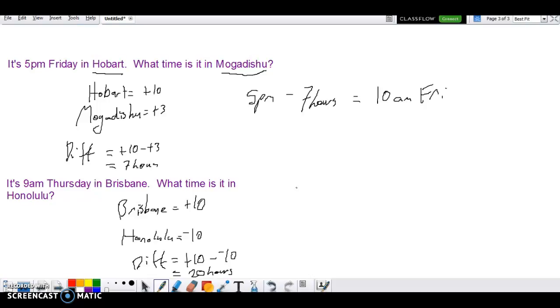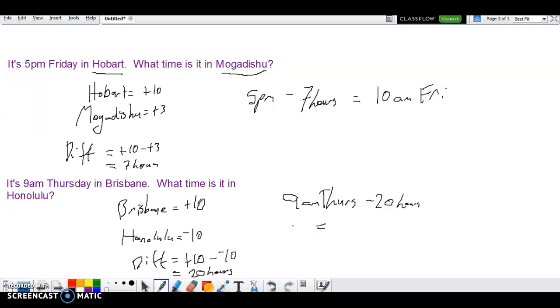Okay, so let's work out what time it is. It's 9 a.m. Thursday in Brisbane, we need to take away 20 hours. Okay, well 9 a.m. take away 9 will get us back to midnight. And then we have 11 hours to take off. So we're at midnight, we take away 11 hours.